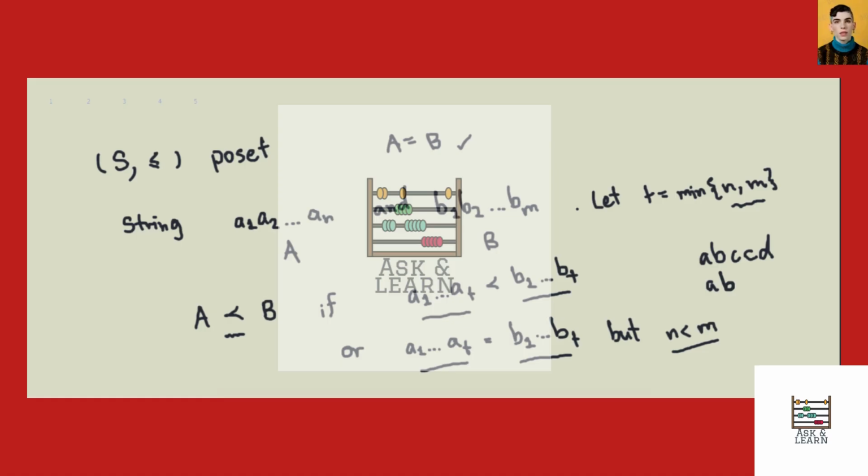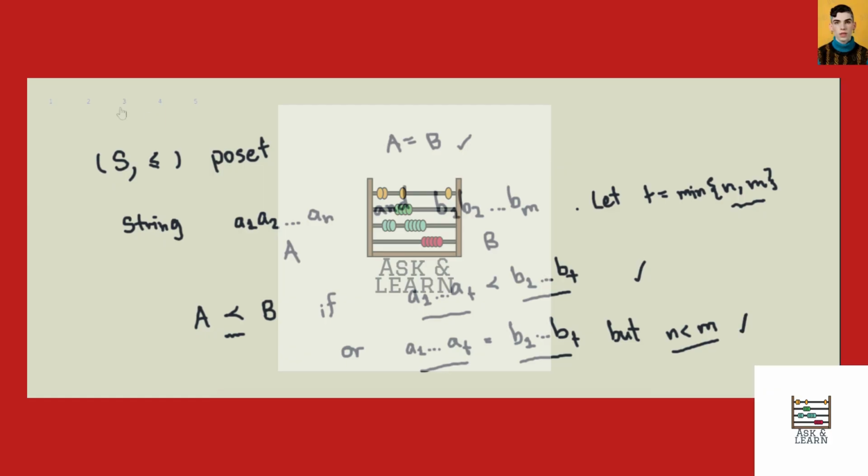If we have it like this, then the second word is less than the first word just because the length is lower. The two positions here are the same, and that's how we have relations. Either they are equal or one of the two things happens.